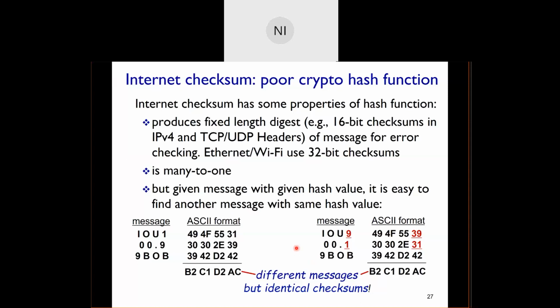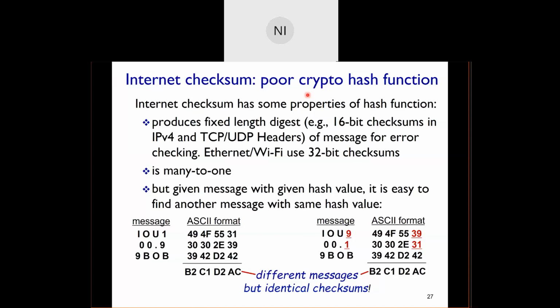That way we can get data integrity but not authenticity of the message by using checksums. That's the reason why we say these checksums have poor properties with respect to cryptography.